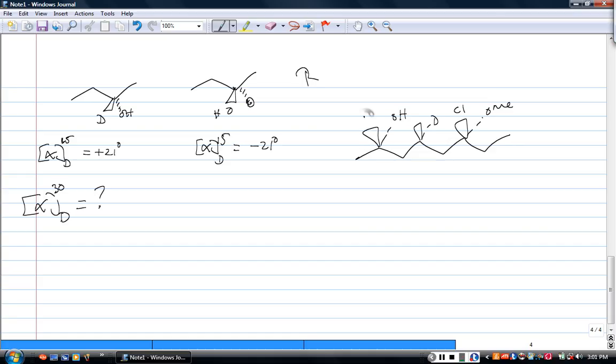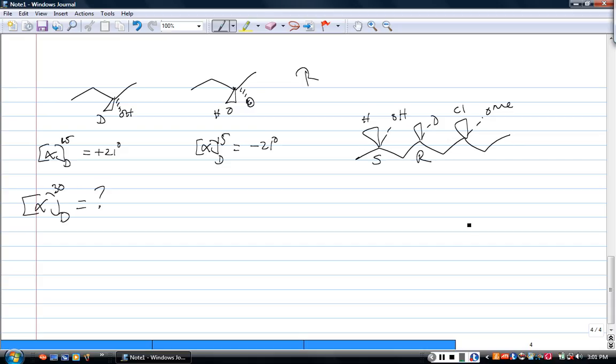Let's make this H. So first, second, third. It looks as if I'm going R, but it really is S. This is, let's see, chlorine. So this is first, second, third. I'm going this way. So this is R. And this is first, second, and third.